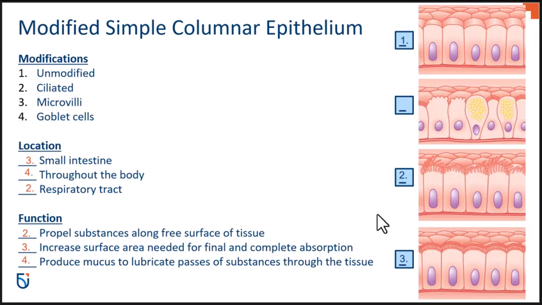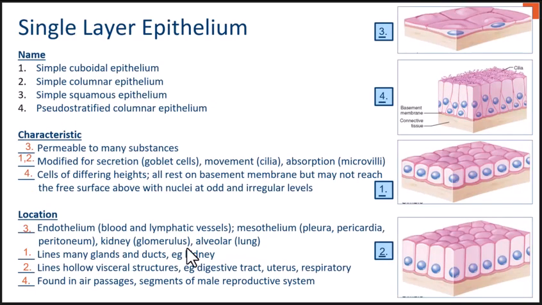So what we've had a look at here is that simple columnar epithelial tissue can be modified according to what its function is going to be. And I just wanted to go back to the previous slide for a moment where I had originally mentioned that simple columnar epithelial tissue is modified for secretion, and that's true, we just spoke about it.